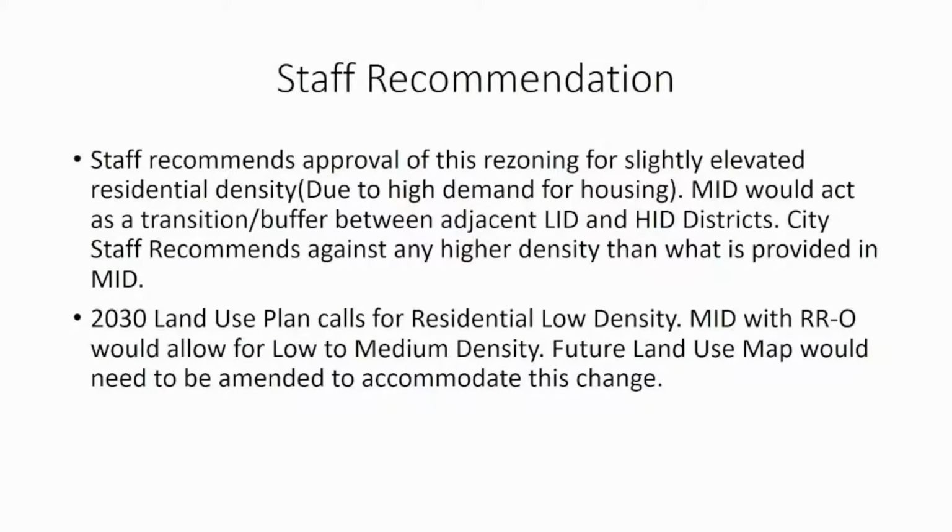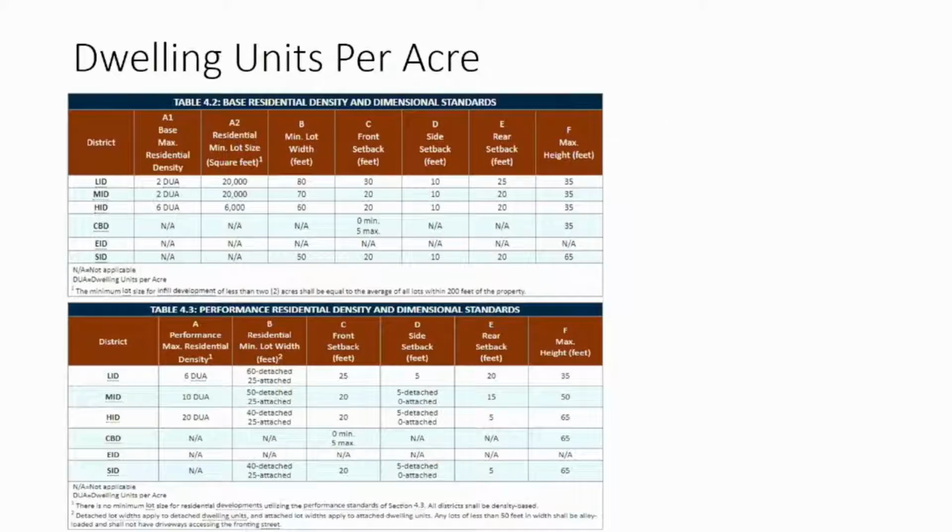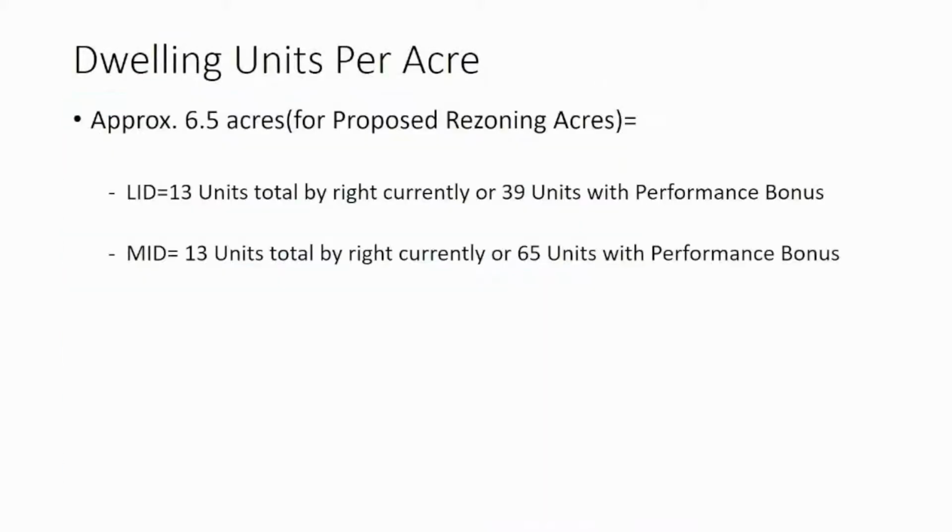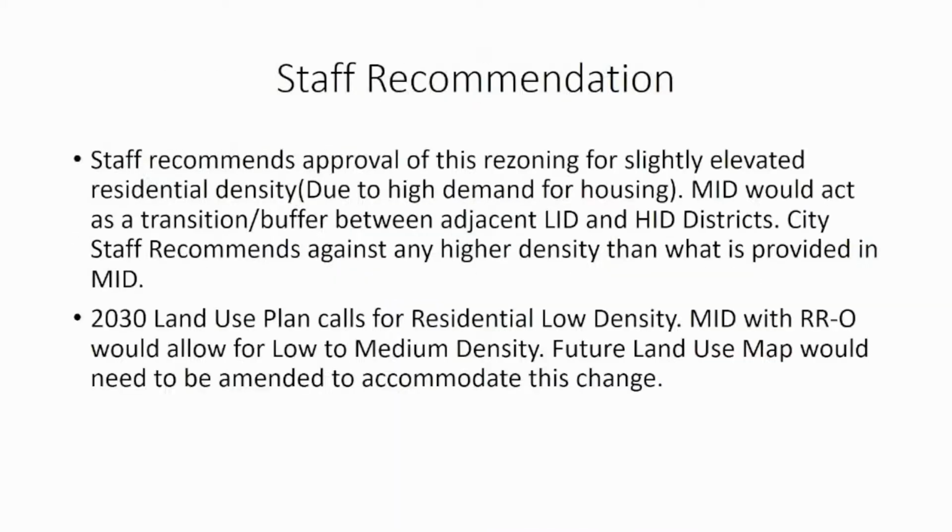Moving to the staff recommendation, since we go from 2 dwelling units per acre in LID to 2 in MID, with a slightly elevated density for MID, which would be 10 dwelling units per acre as opposed to 6, because of the very high need and demand for housing in the city, we believe that the MID district with an RRO serves as a good transition and buffer between HID and LID.